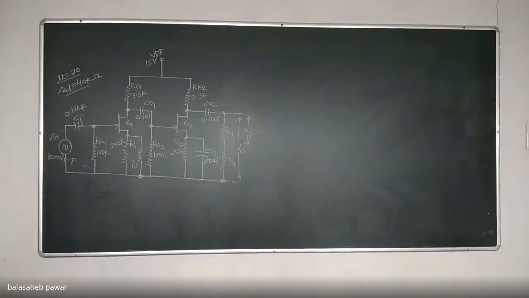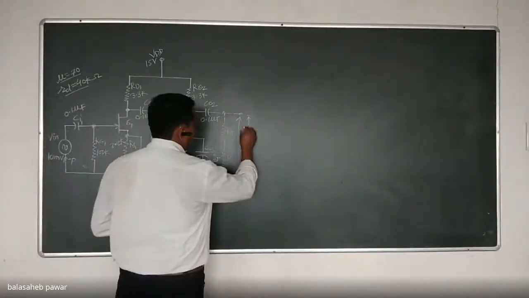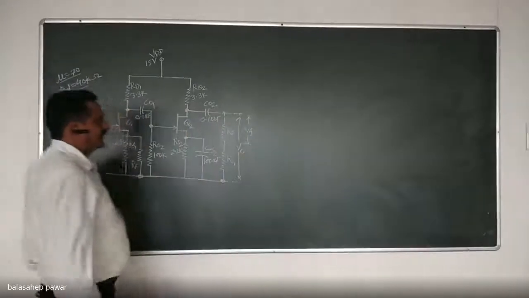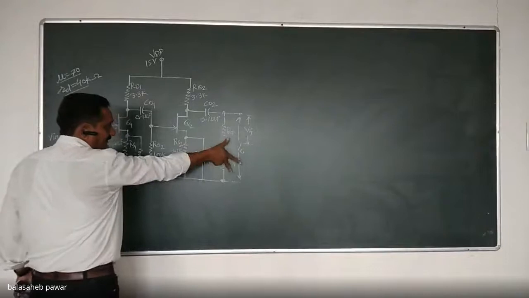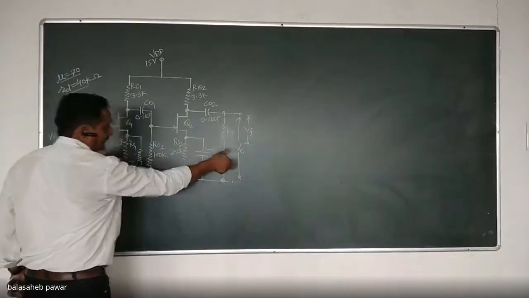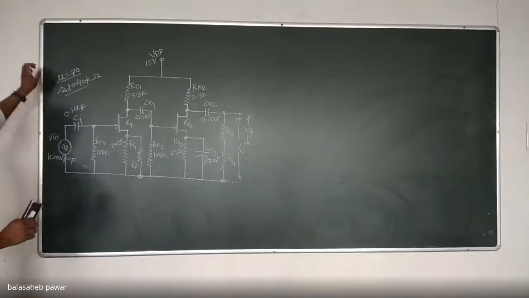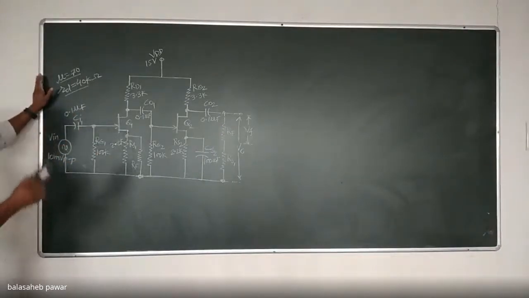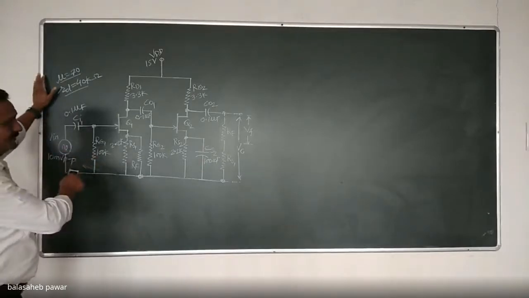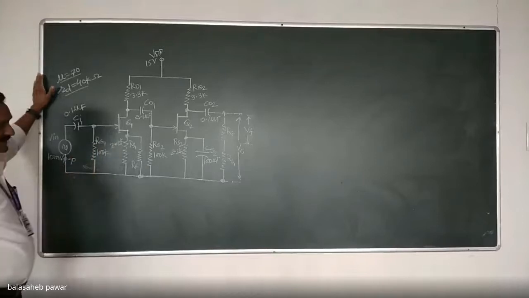So instead of showing this one as XF, I will directly show it as VF. Right? So VF will be across RF, and VO is nothing but across the series combination of that RF and RS1. Okay. So this is the first stage: how to check the effect of that feedback component on the input circuitry as well as on the output circuitry, or how to draw that input and output circuits.